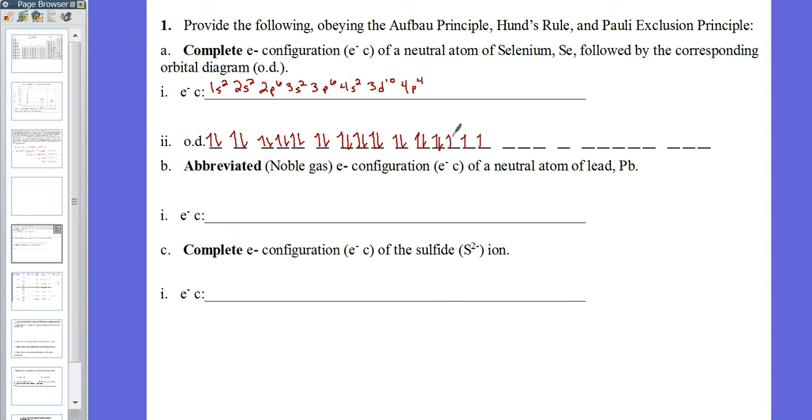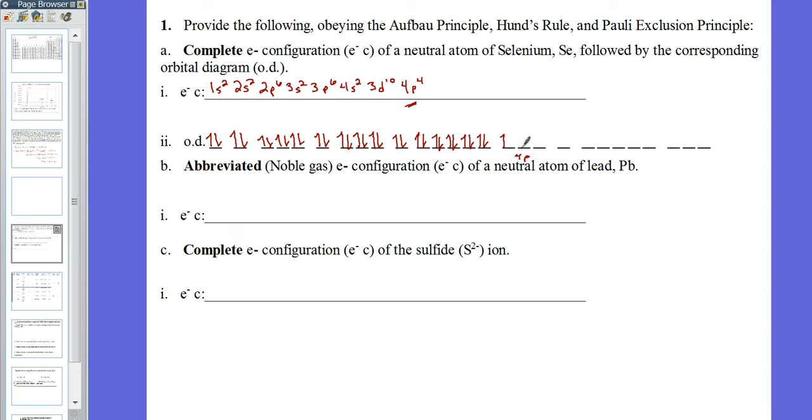Now obviously, if you do this correctly, I'm going to have no way of knowing if you followed the Pauli exclusion principle when you filled them up. But just remember, if you're going to fill all of them up like that, be sure that they spin opposite. It doesn't matter to me if you go up, down, whatever. Now when you get to 4p4, that's where we're at now. This is the 4p. This is where it'll be particularly important.